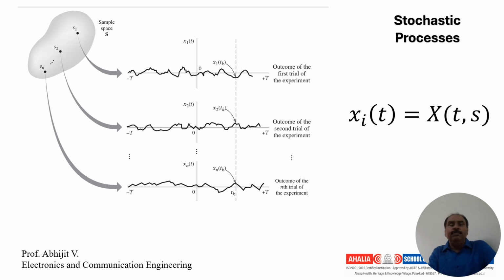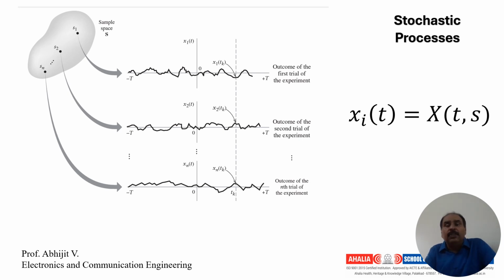So here is a rule. We have a sample space here and we have denoted it by different outcomes, say S1, S2, S3 and so on. So the outcome of the first trial of the experiment is S1, second trial S2, third trial S3.